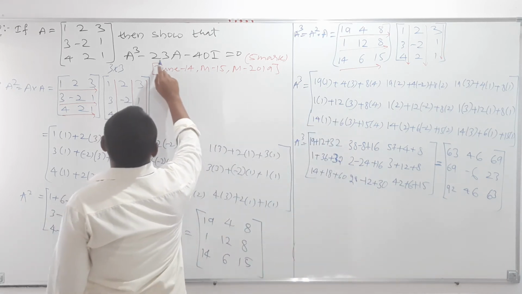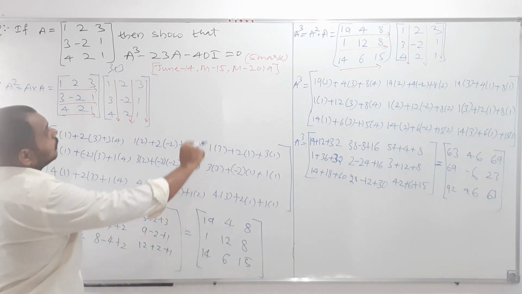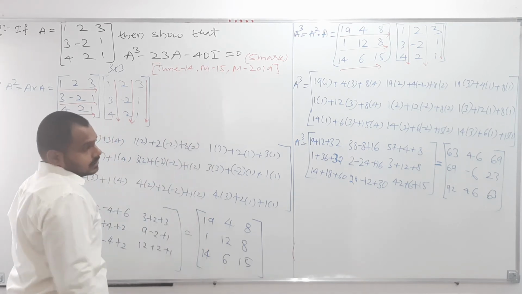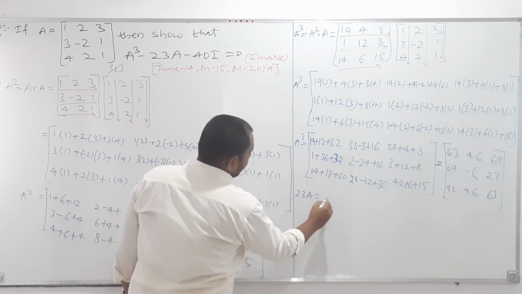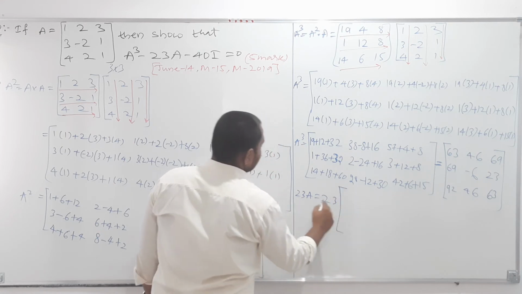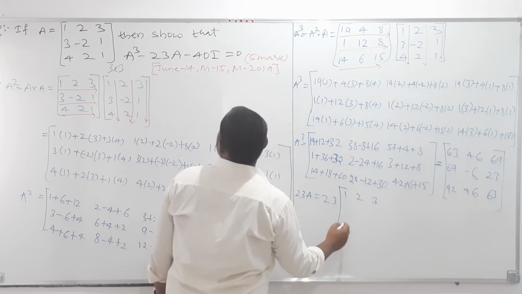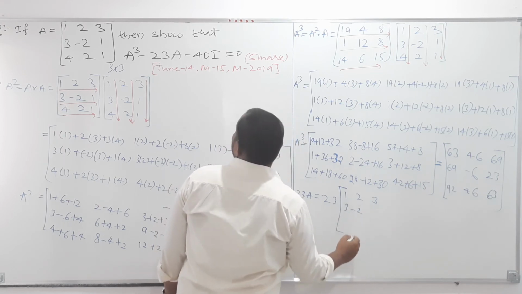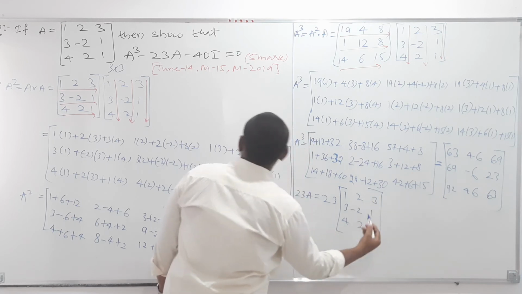And next further I require the 23 into A values and next 40 into I. So next, my dear students, I will find 23 into A. So 23 into A means to this matrix I should multiply with A. What is A? 1, 2, 3; 3, minus 2, 1; 4, 2, 1.